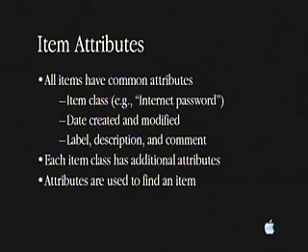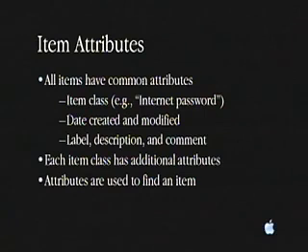So every item that's in a keychain has a set of common attributes, and all these items can be treated more or less the same. They have the class of the item. They have things like the date when the item was created or modified. They have a label that describes the item. There's also a description of the item. There's a comment field where, with the Keychain Access application, a user can actually add comments to an item that's stored in the keychain.